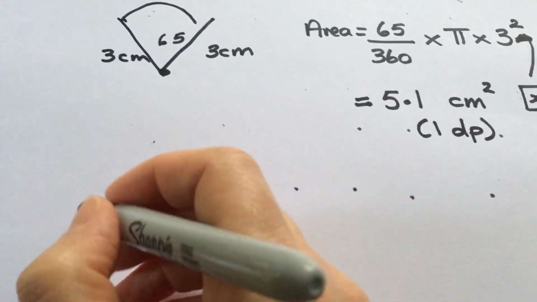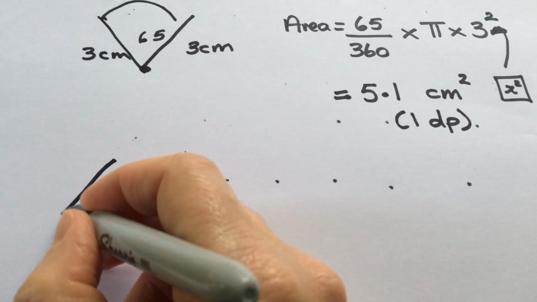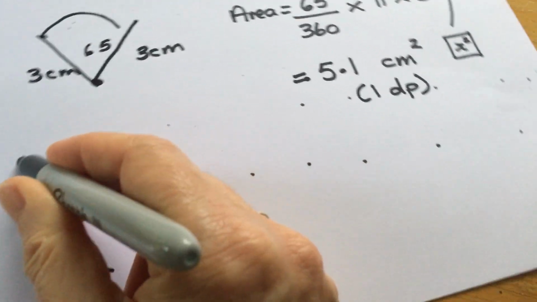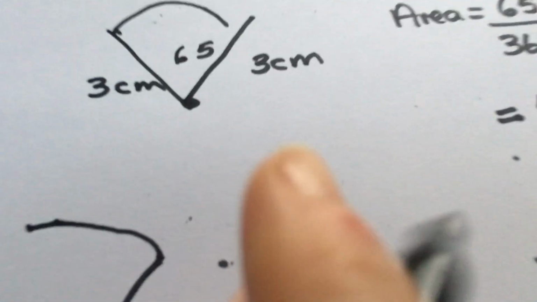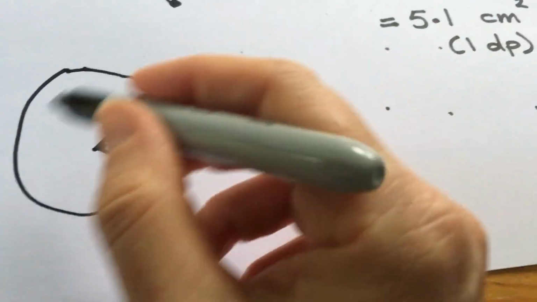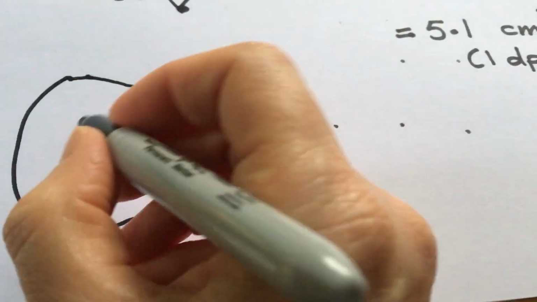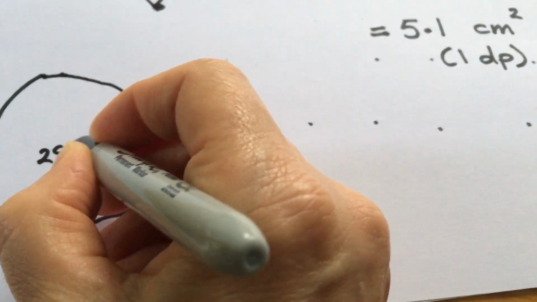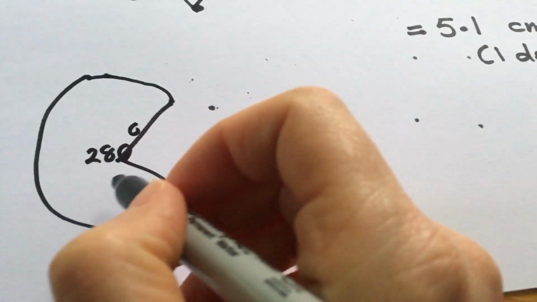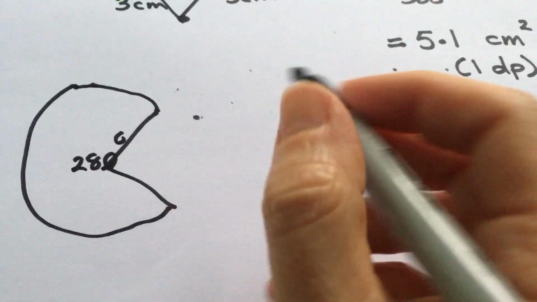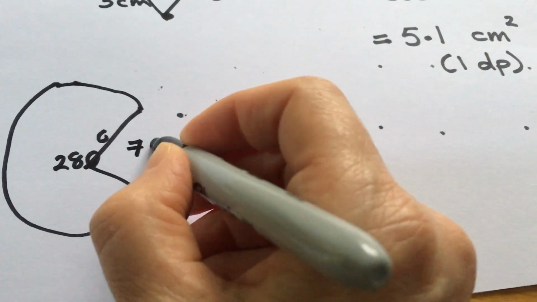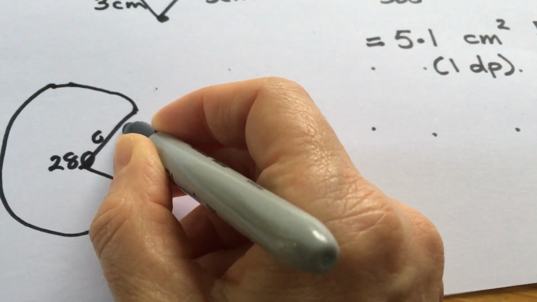Let's do another one. Now this time we've got, let's just draw this, a bigger angle there. It's a reflex angle of 280 degrees, and the radius is 7 centimetres, say.